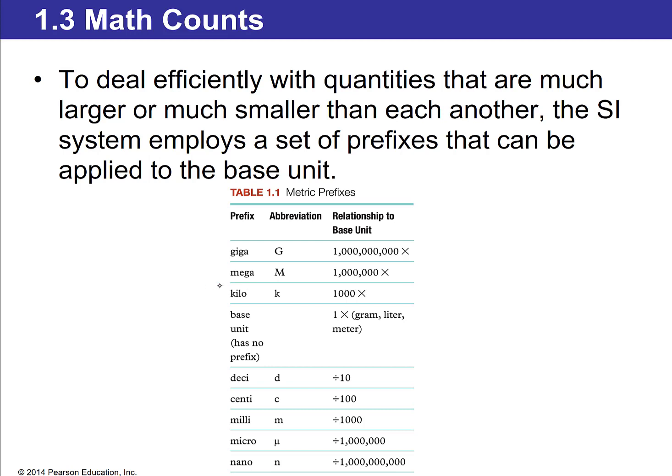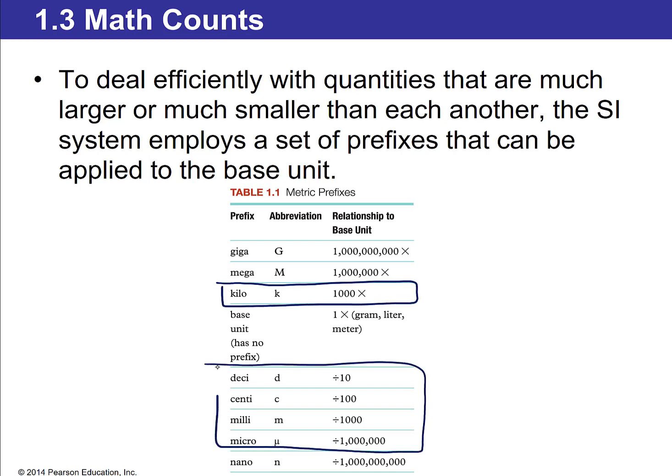So in this, there's really 5 plus the base unit that you really need to commit to memory. These prefixes are kilo, and for kilo, you just put a K in front of the base unit. The term kilo means that it is 1,000 times larger.